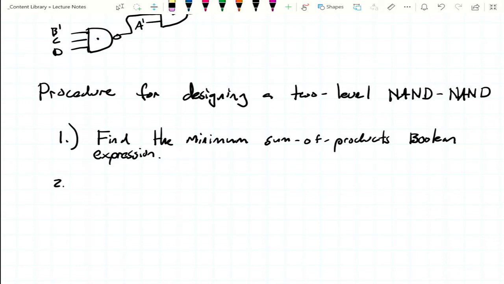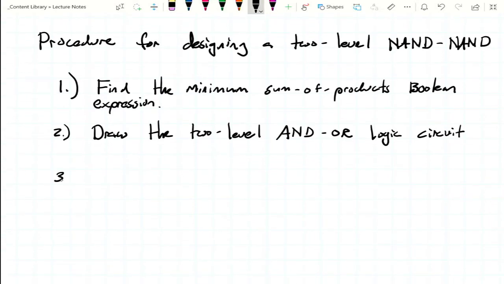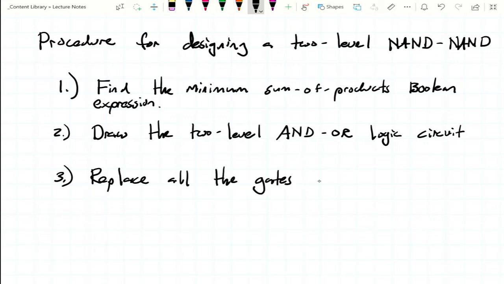Step 2, from that sum of products Boolean expression, draw the two-level AND-OR logic circuit. Step 3, then replace all the gates with NAND gates, of course.